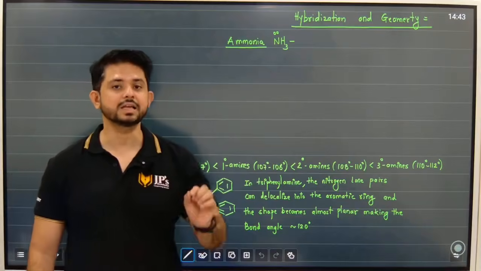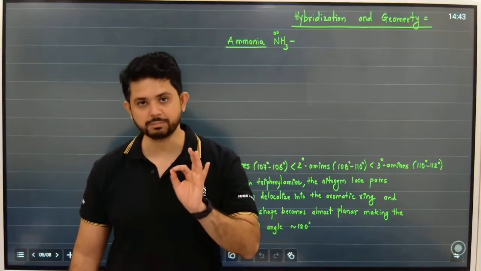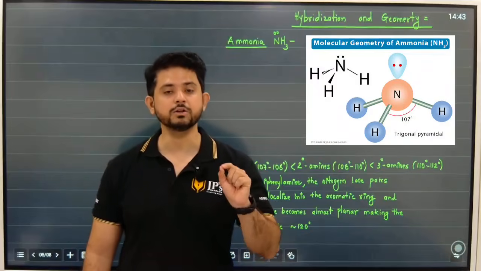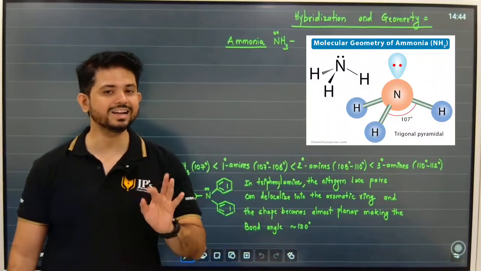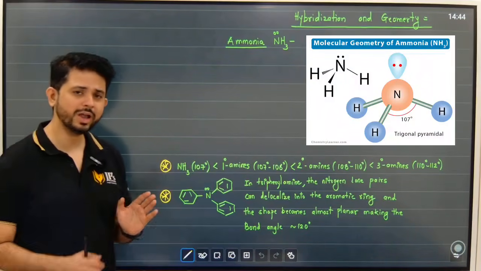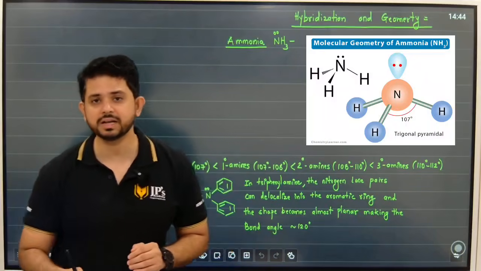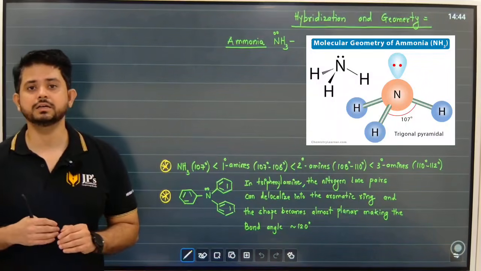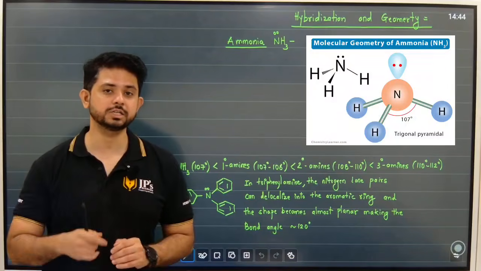Ammonia has sp3 hybridization and the shape for ammonia is pyramidal or trigonal pyramidal with the bond angle around 107 degrees.